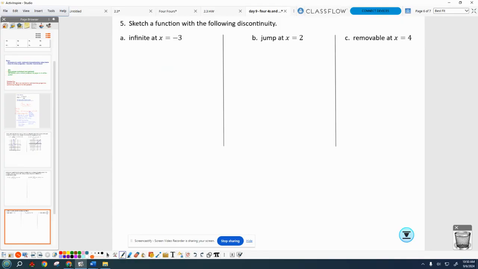I want you guys to just sketch any graph that has an infinite discontinuity at x equals -3. Sketch any graph that has a jump at x equals 2. Show me you know what that means.